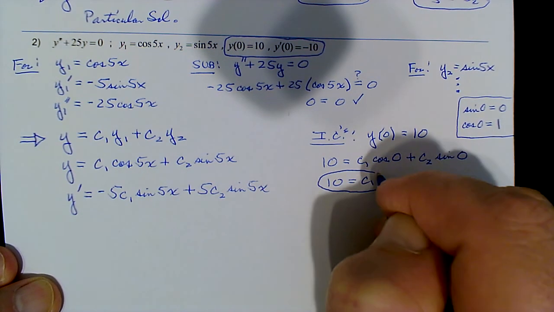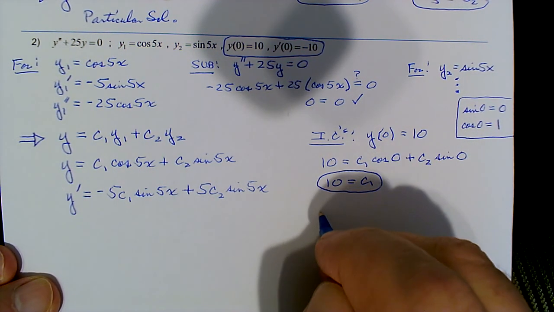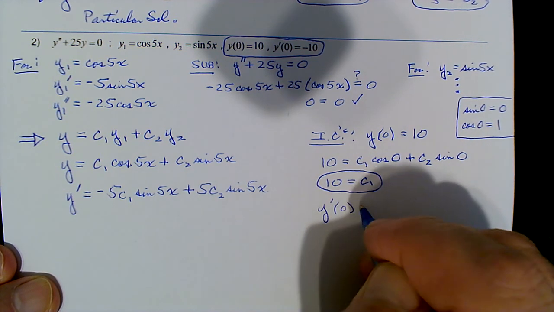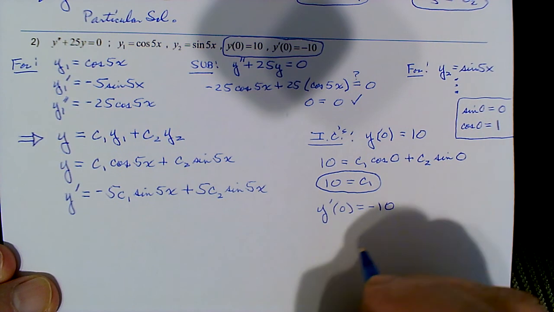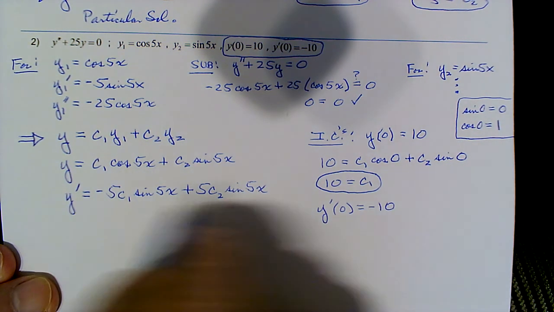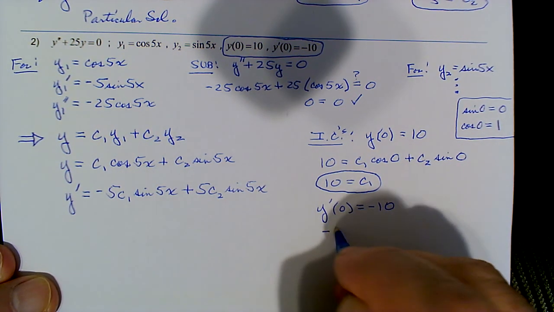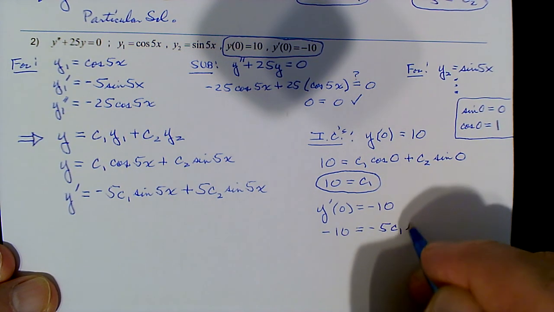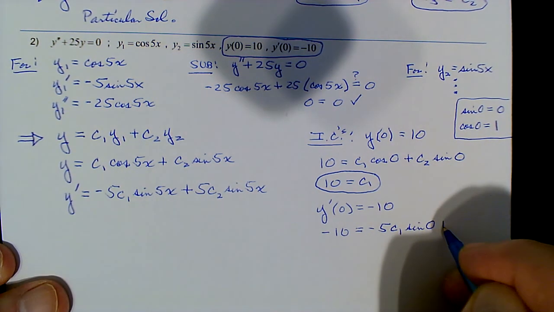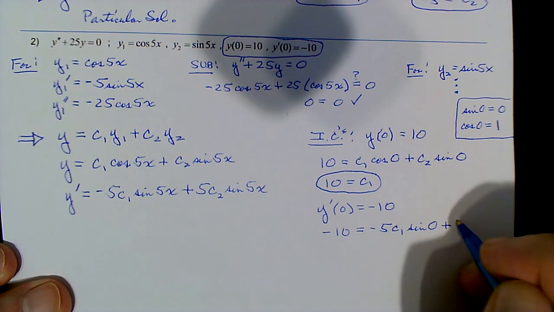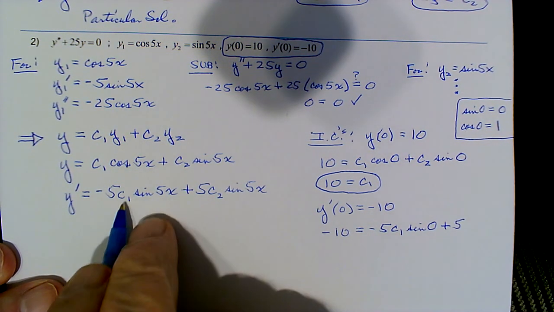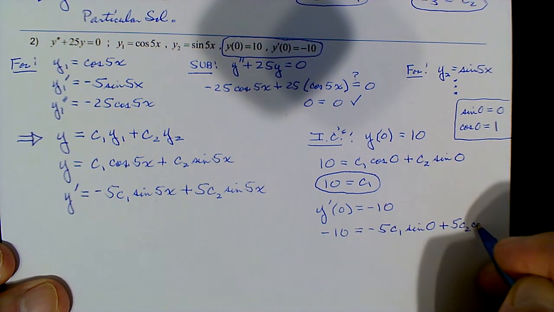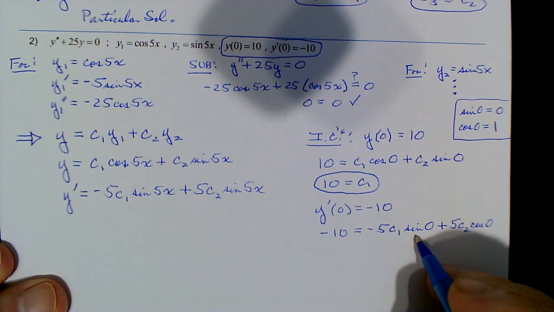Okay, and then we use the second initial condition, that y prime of 0 was negative 10, and that gives us, substituting in y prime here, negative 10 equals minus 5. Okay, I'm going to show it one more time, but in the future, we're not going to show the substitution of 0. But we get minus 5 C1 sine of 0 plus 5 C2 cosine of 0. But again, sine of 0 is 0, cosine of 0 is 1.